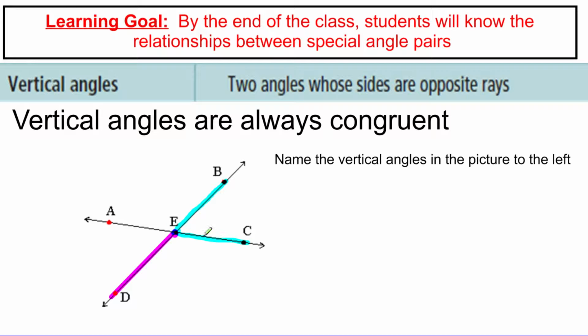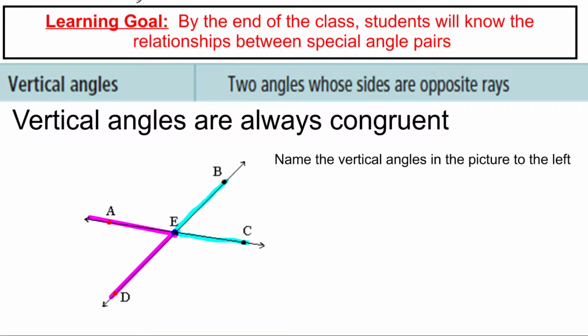Making a straight line with EC, I would start at E but travel towards A. So I would say AED is a vertical angle with BEC because its two rays make straight lines with BEC's rays.